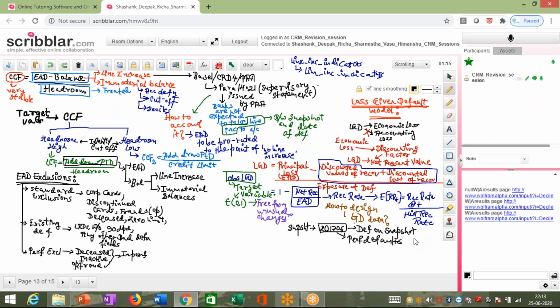So therefore the LGD models will be of two types. One will be an LGDA for non-defaults.